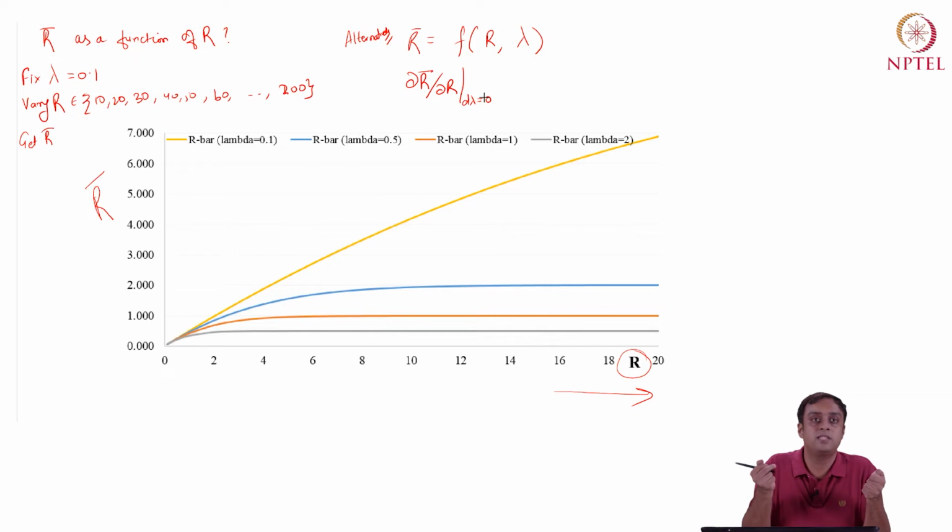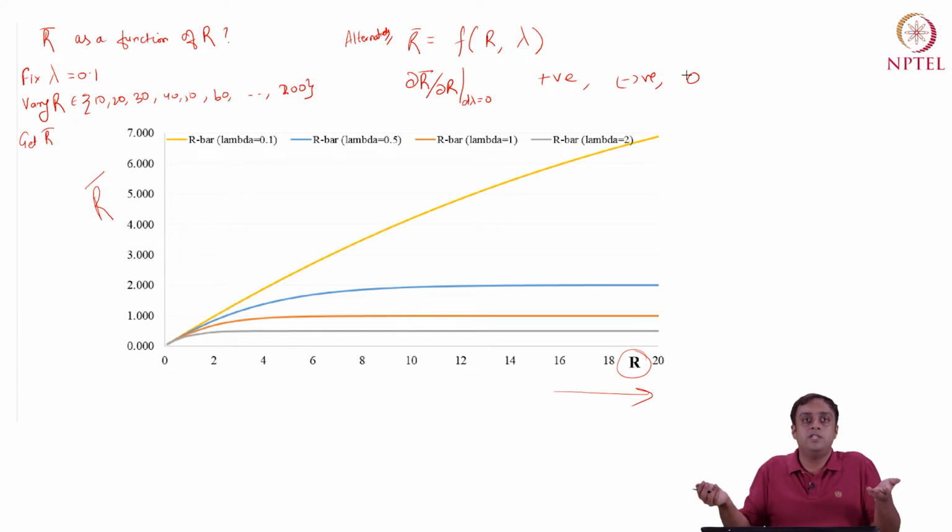So lambda is kept fixed, which I was doing manually on Excel when numerically drawing the plot, but I can do it using the differentiation operator. Then I can understand whether del R bar by del R is a positive entity, a negative entity, or maybe even 0, meaning no change when the R value changes.